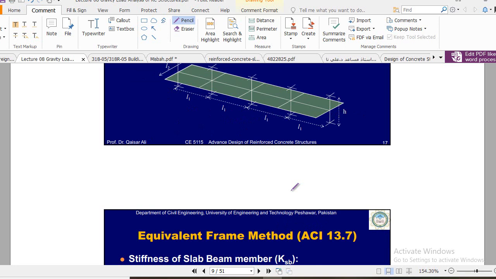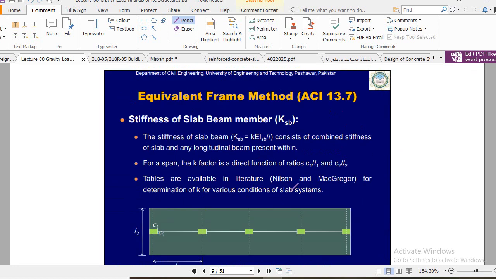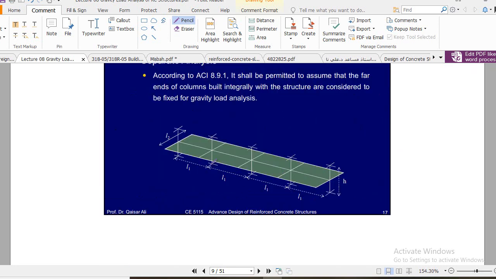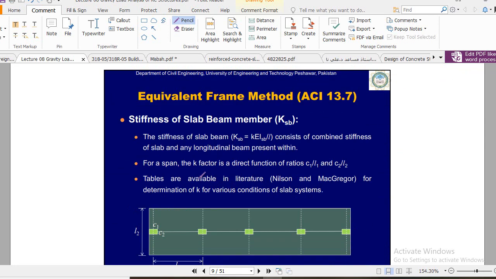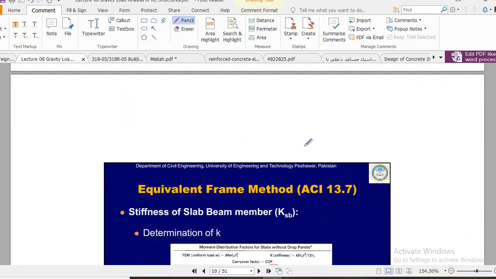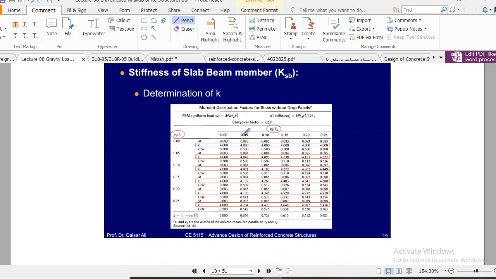Clear? As this is the interior frame, its transverse length will be equal to L2 and the span length will be equal to L1, and then we will start the analysis procedure. How to calculate Ksb you will see, inshallah, in the example, because we will use these tables in examples.